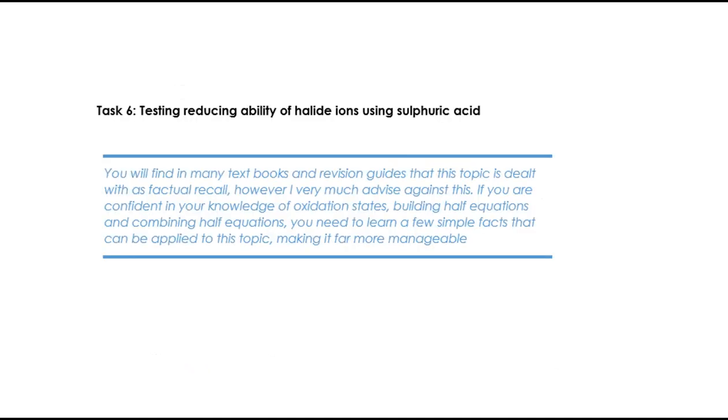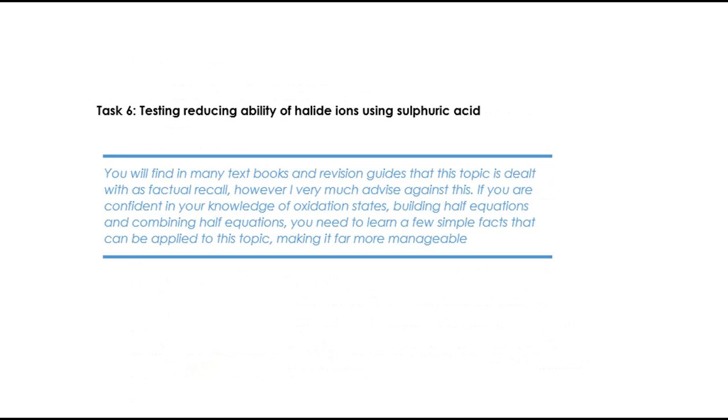Now, when we investigate the reducing ability of halide ions, we do it using sulfuric acid, specifically concentrated sulfuric acid. Now, I've made this point here. There is nothing wrong with the way that textbooks do this, where you learn key facts and you learn equations and you write them down from memory. But I'm going to approach it in a different way.